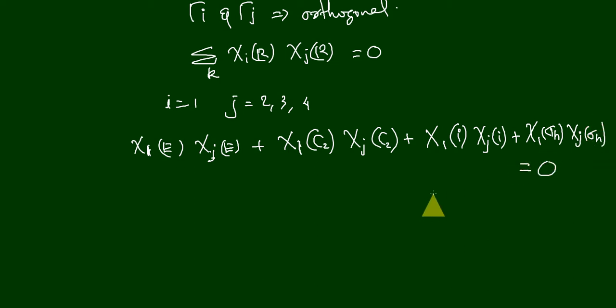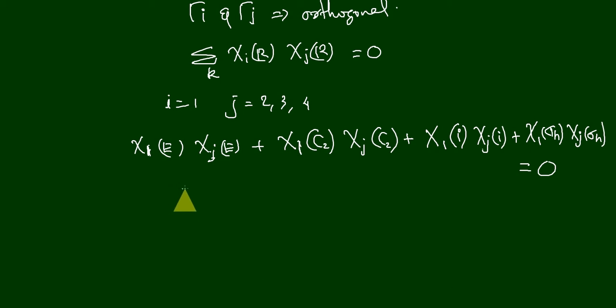That is orthogonality. And now we know that chi 1 e is equal to chi 1 C2 is equal to chi 1 i is equal to chi 1 sigma h. First irreducible representation characters are all 1 already. We know that all the characters in the first irreducible representation are 1.